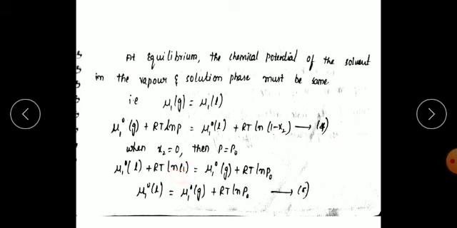So finally, replacing ln 1 equals 0, this total term becomes 0. So mu1 naught L equals mu1 naught G plus RT ln P naught. This is equation 5.